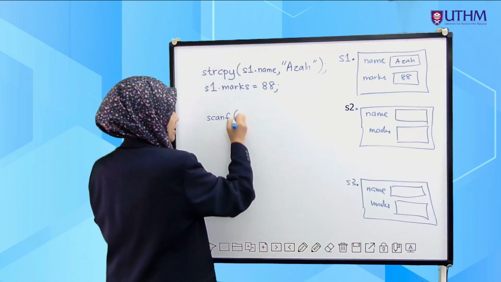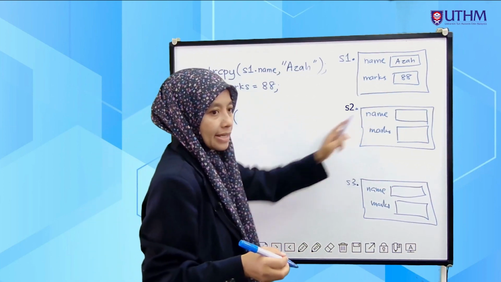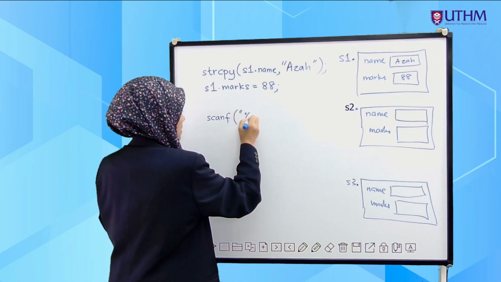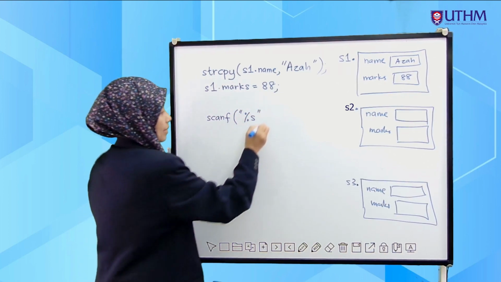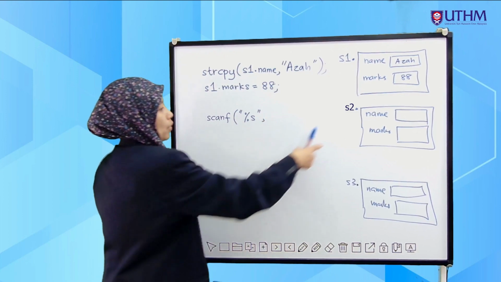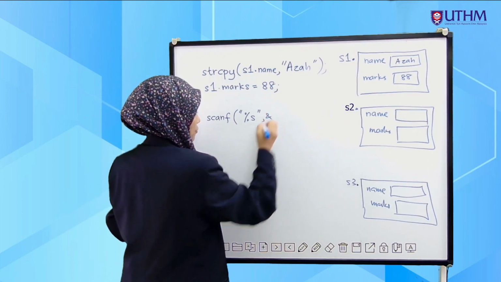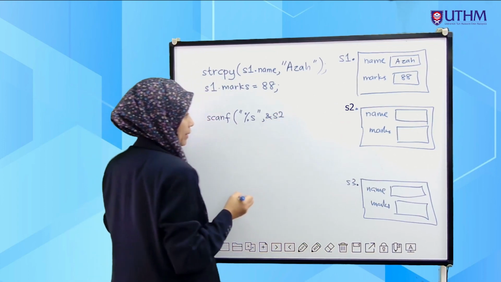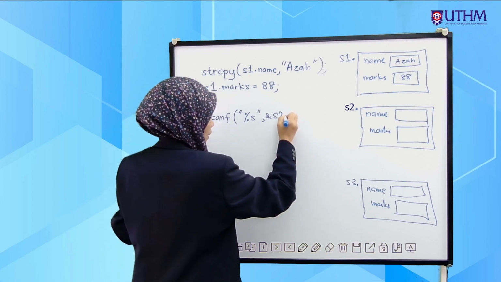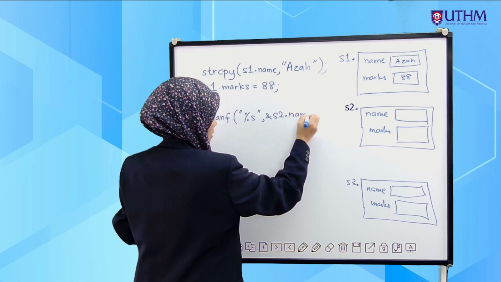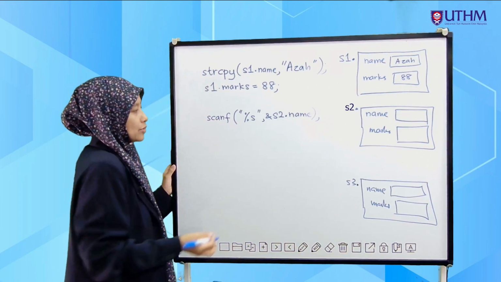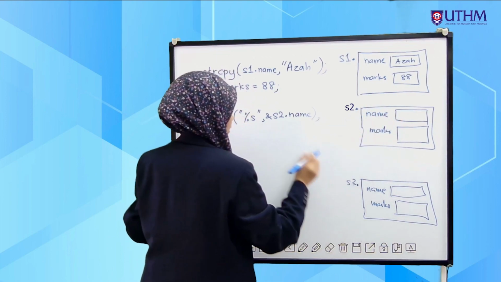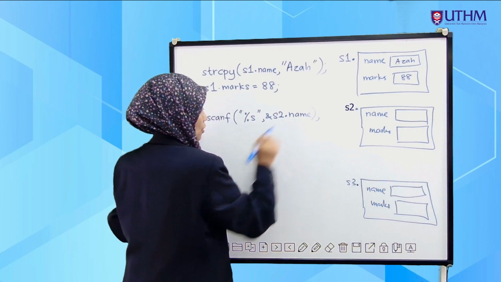Since name is an array of characters or string, here should be %s, comma. Where is the destination? We need the address operator. S2 is the struct variable name, dot name. So to read input to this destination, it should be S2.name.